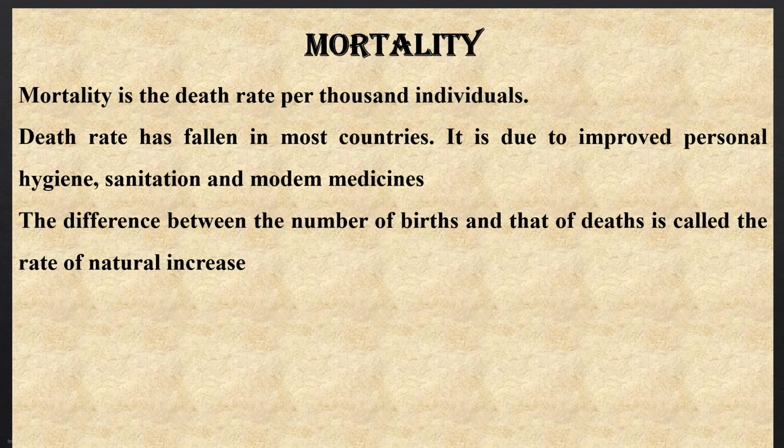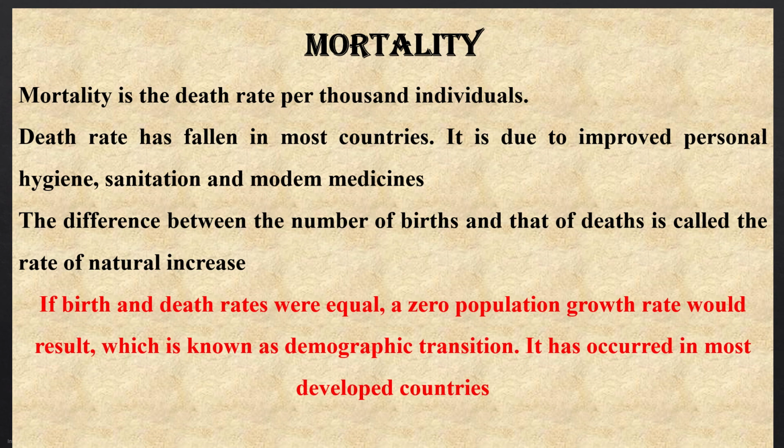The difference between the number of births and that of deaths is called the rate of natural increase. If the birth and death rates are equal, a zero population growth would result, which is known as demographic transition. It has occurred in most developed countries. In developed countries, we see that the population is not rising very steadily.